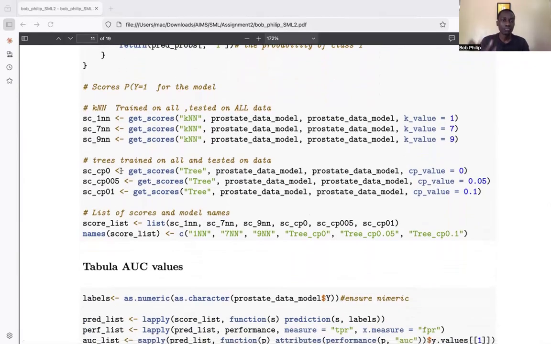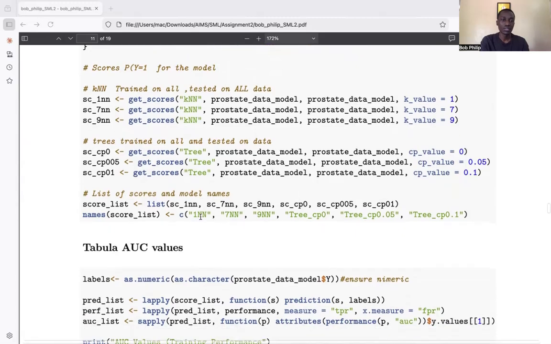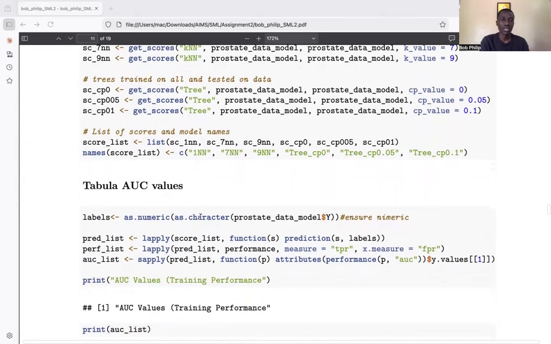As we know in SML, 1NN always seems to overlearn because it will have a very high variance, just mastering the data and not learning the data. In terms of CP, the complexity of these trees, we expect CP0 to tolerate a lot of errors and just master the data and not learn the data in the first case, where we are training using the whole data set.